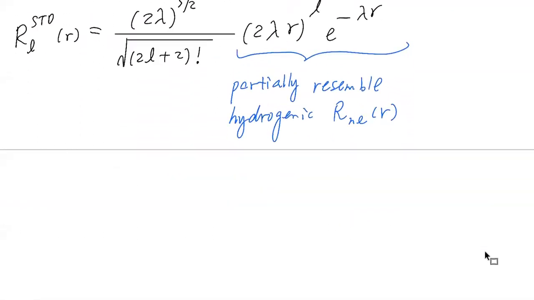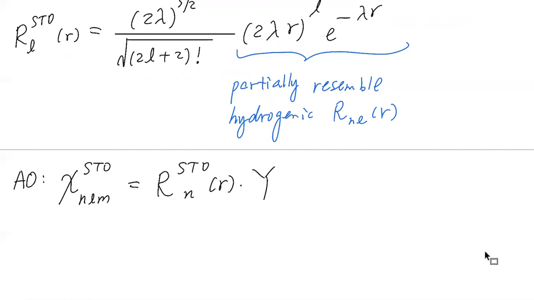Furthermore, if you look at the atomic orbital, of course, let's use another notation. Usually we use chi to denote the atomic orbital function. Chi_nlm STO, this is the STO type function or Slater type function. This is the radial part times the spherical harmonics.